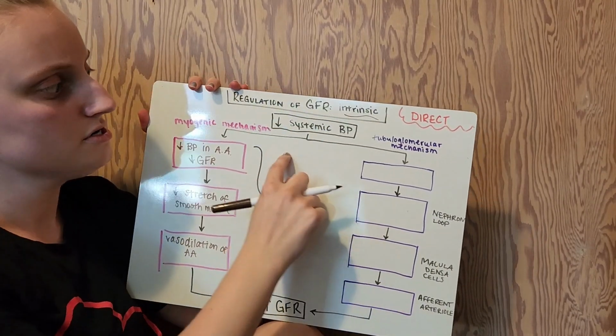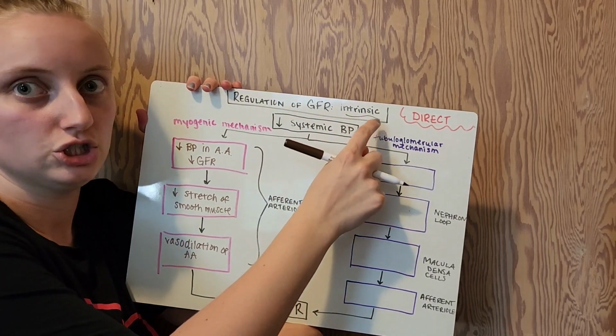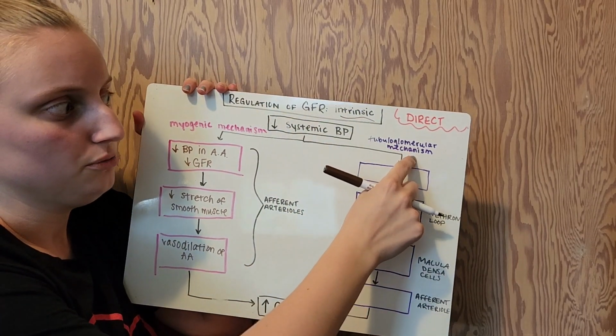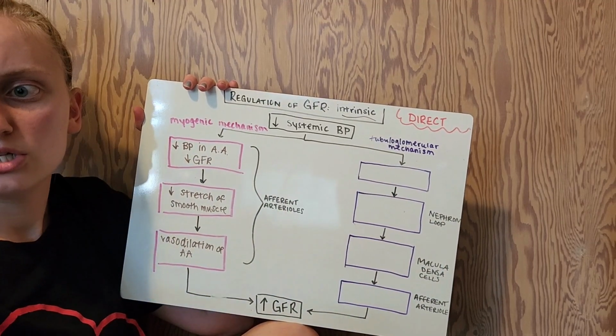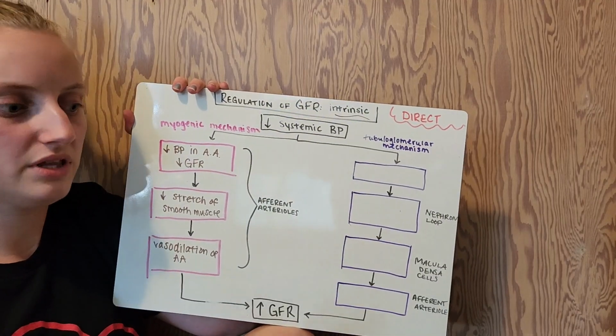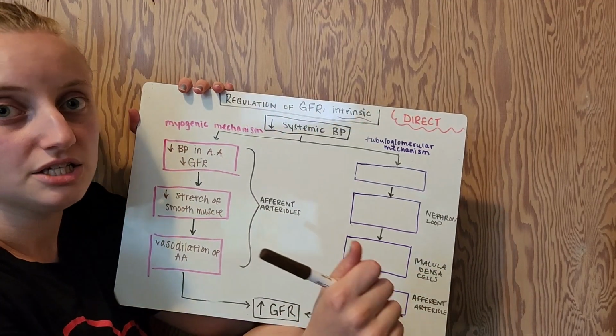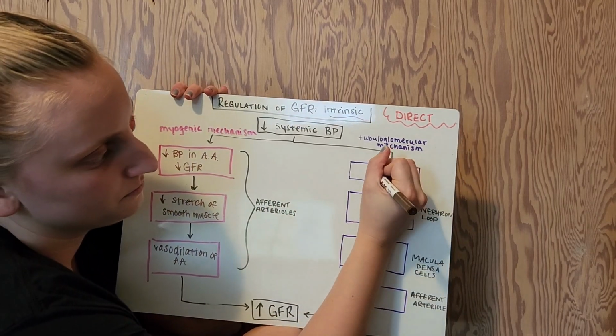Our other response to a decrease in systemic blood pressure that's intrinsic is our tubuloglomerular mechanism. So our first response, the first thing within this mechanism, is just a decrease in GFR, like in our myogenic.